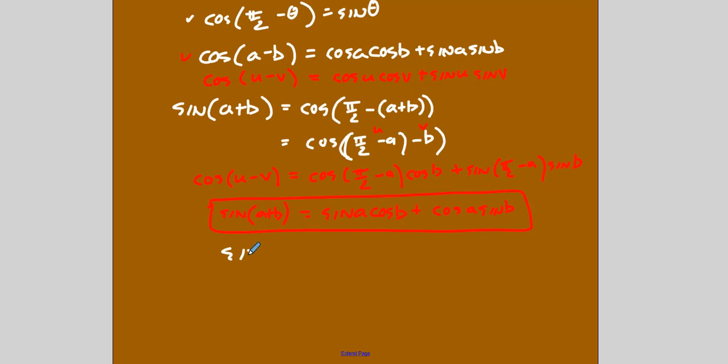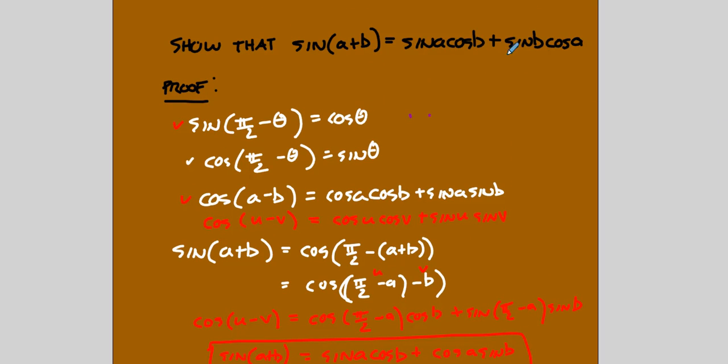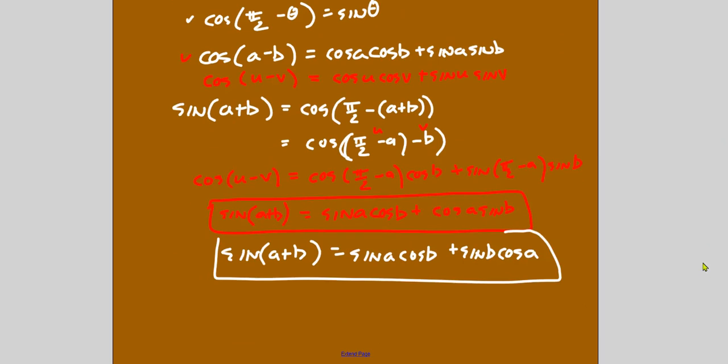Sine of a plus b is equal to sine a cosine b plus sine b cosine a. Now it matches what I have up here. And this concludes this demonstration of why this property is what it is.